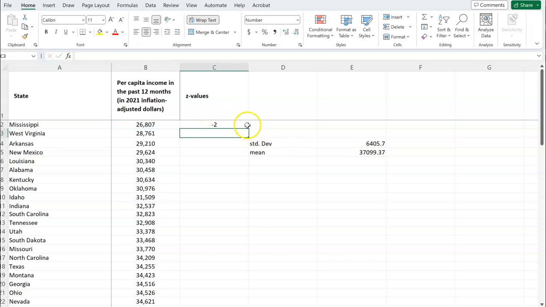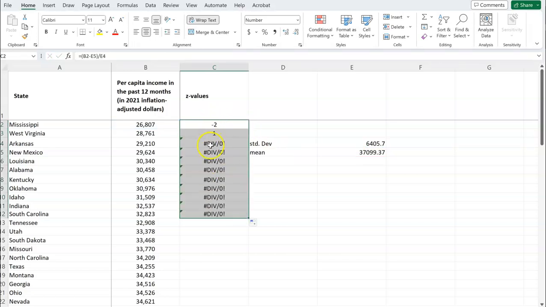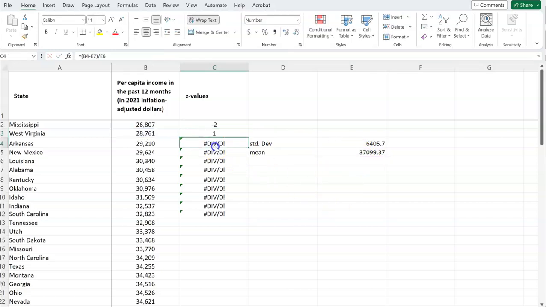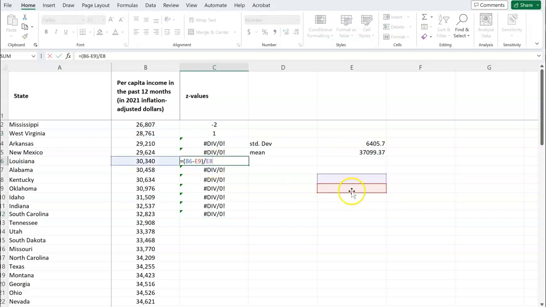And so I get a z-value of -2. Now I can pull this down here, but one thing that happens is that the numbers get off. What Excel does is that as I move it down, if I click on this one, number 1, it also moves these numbers down. So the next one is down here. So it's thinking that there are numbers here. Now that's a problem.